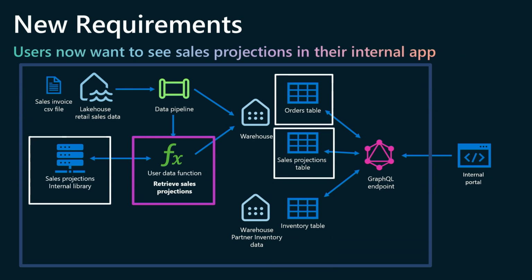And then also from our user data function, we're going to write the data back to the warehouse, where via GraphQL, it will be fed back to our portal. And all this will be kicked off by our data pipeline periodically. As data is coming in, the projections will be calculated, and the data will always be up to date.